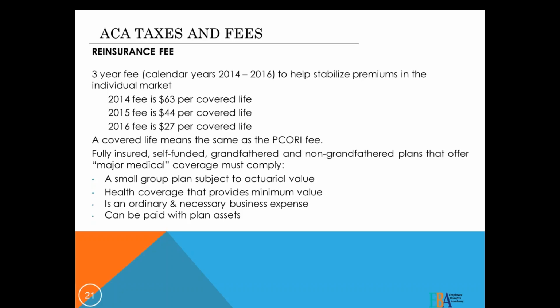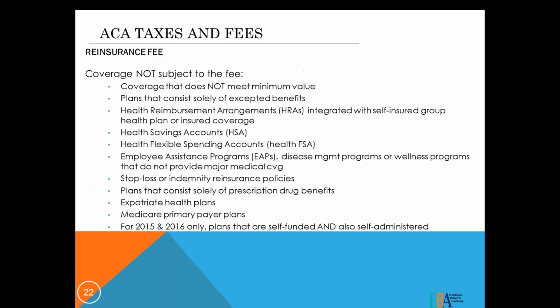All small employer plans subject to an actuarial value are not automatically considered major medical for this purpose. The fee is tax deductible as an ordinary and necessary business expense. But unlike the PCORI fee, this one can be paid with plan assets, which generally does include the employee and participant contributions via those payroll deductions.